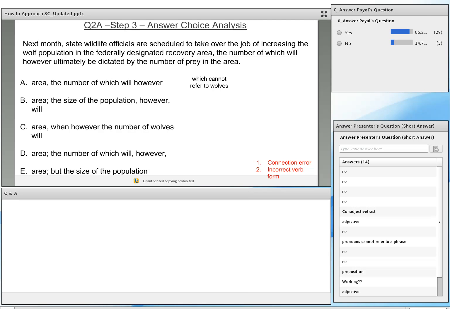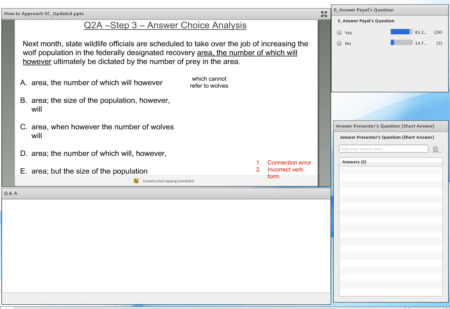Now, in choice B, okay, choice B is correct, right? What has happened is that the whole issue with which has been eliminated. How? By removing which altogether. The size of population, however, will ultimately be dictated by the number of prey. So this choice is absolutely correct.